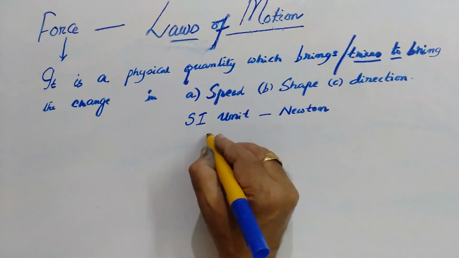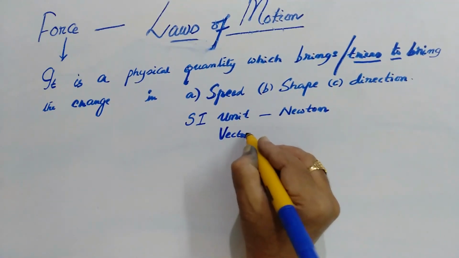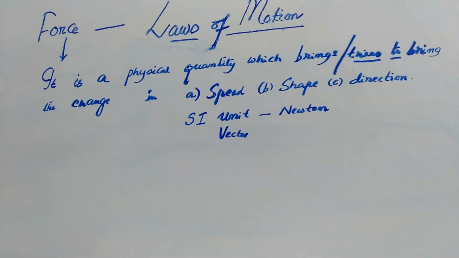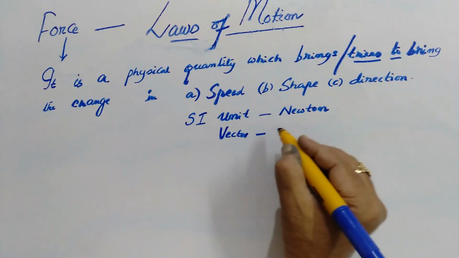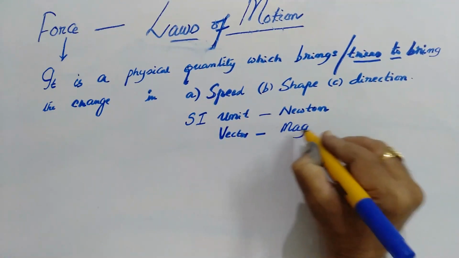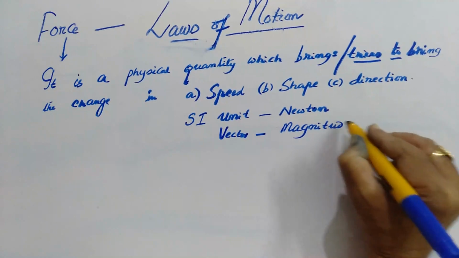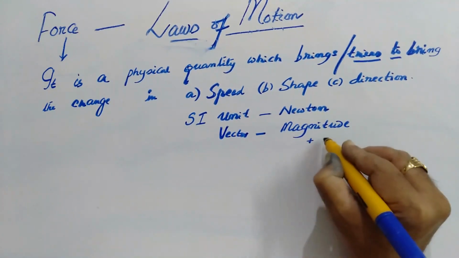Next, this physical quantity is a vector. I hope that you have remembered the definition of a vector: a quantity which requires both magnitude and direction.